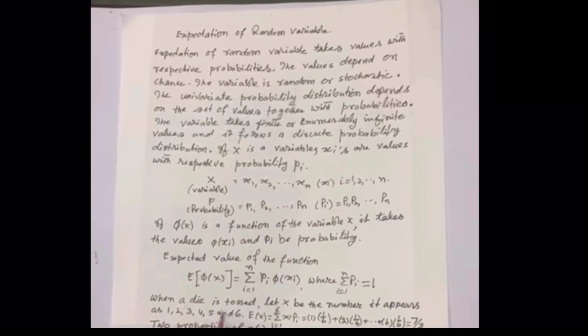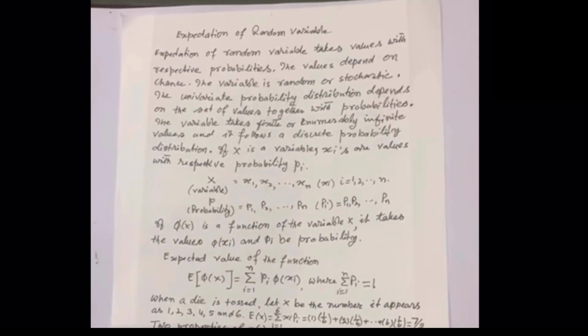So when a die is tossed, let x be the number that appears: 1, 2, 3, 4, 5 and 6. Either 1 may appear or 2 may appear and so on, or 6 may appear. And E[x] is equal to the sum of xi pi, where i ranges from 1 to 6.